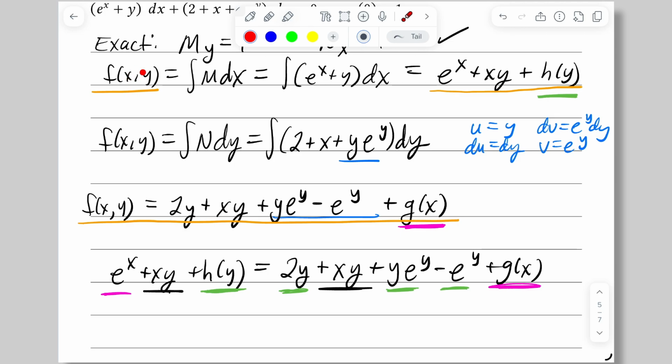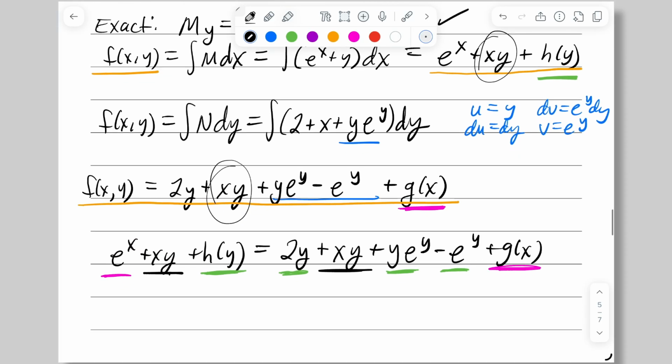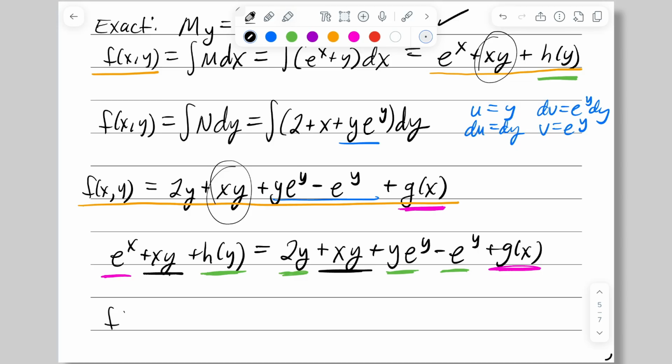Ultimately, f of xy has all the terms that we see in both of these integration results, but we don't repeat any of the terms that may happen to show up in both of them, right? We just need to supplement, in each case, whatever's missing. We'll find that f of xy in this case is equal to e to the x plus xy from when we integrated with respect to x.